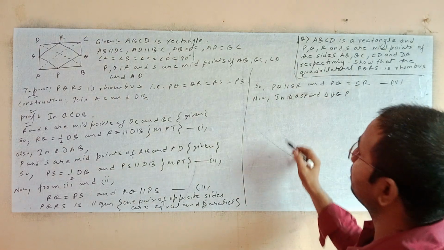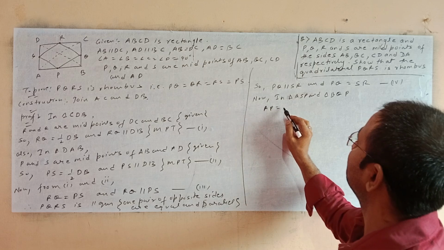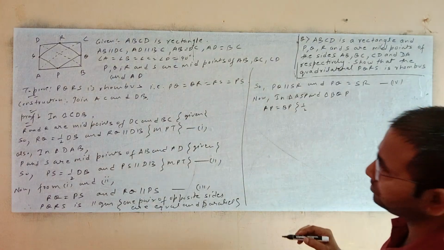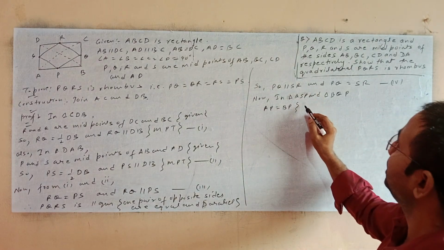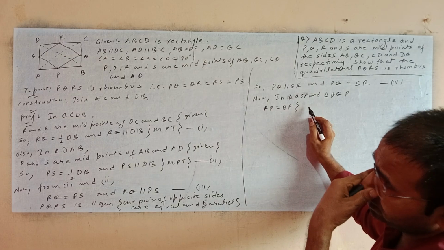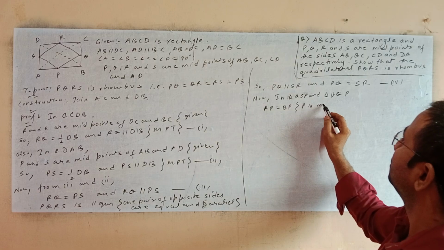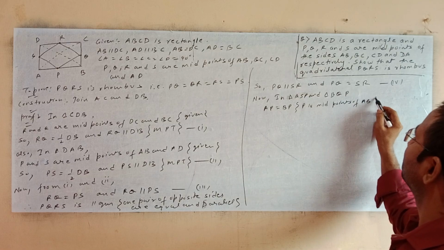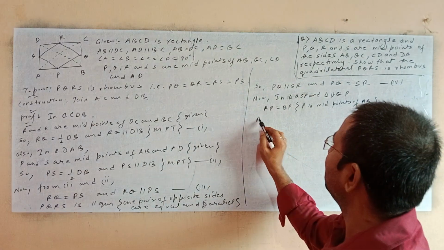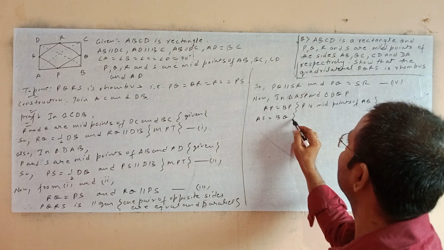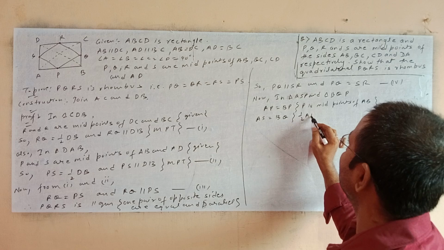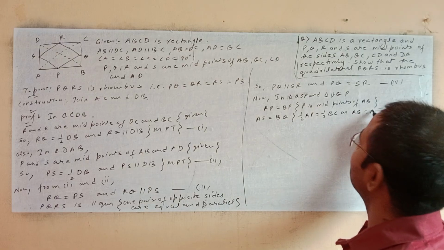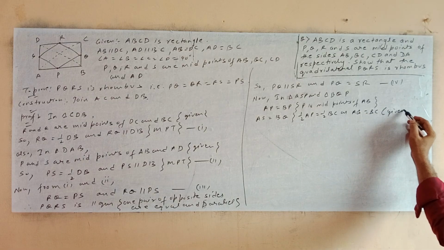So you will write AP is equal to BP because P is the midpoint of AB. First write down this. Now see, AS is equal to BQ because half of AD is equal to half of BC, as AD is equal to BC is given.